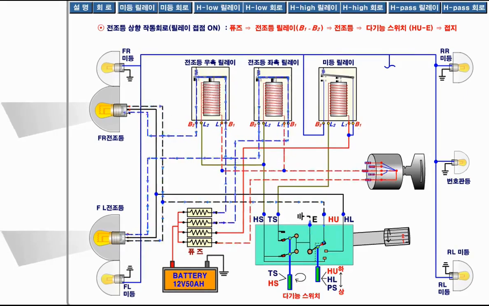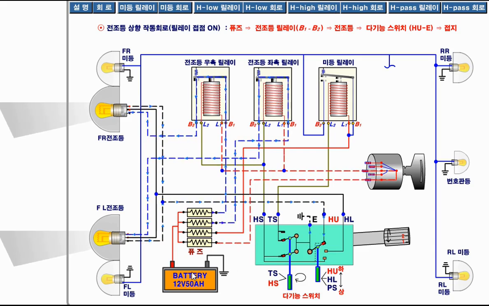Now talking about the passing light. In case of passing light, this bigger filament will be illuminated, but the current flowing path is slightly different than in case of high beam headlight.